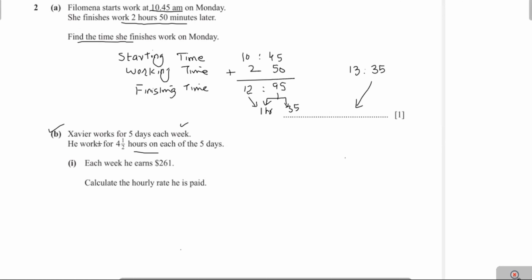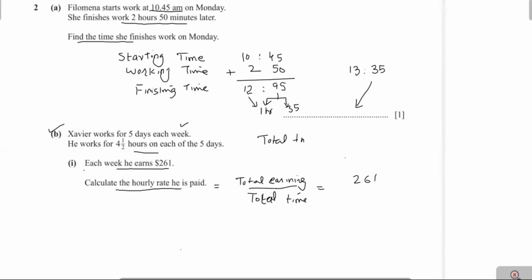Part B. Xavier works for 5 days each week. He works for 4.5 hours on each of the 5 days. Part first, each week he earns $261. Calculate the hourly rate. To calculate the hourly rate, we divide total earning by total time. Now we find the total time. Total earning here is 261.